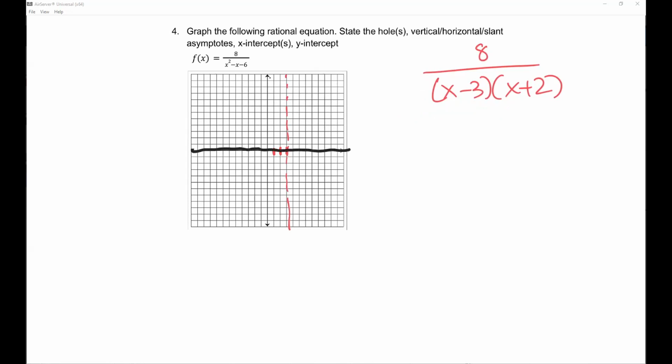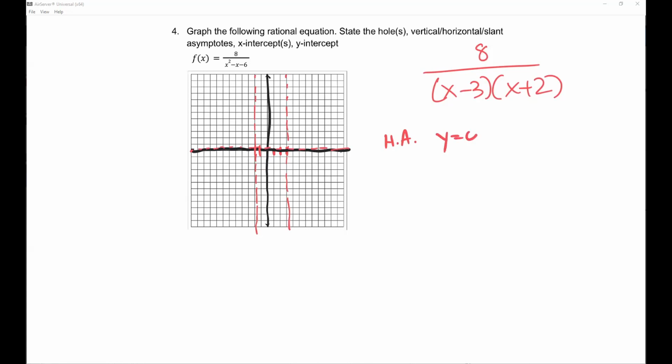These are your x and y axes. And then at 3 and negative 2, those are your vertical asymptotes. Your horizontal asymptote: power on the bottom is bigger than the power on top, so you will have y equals 0.